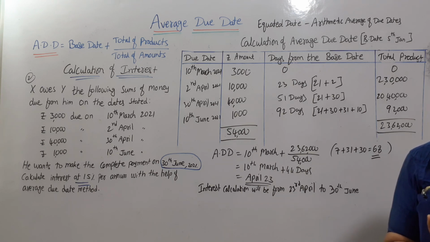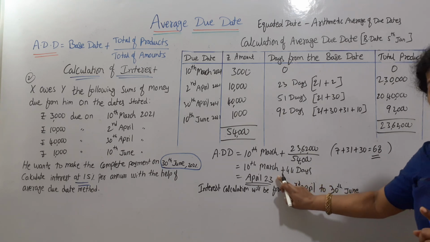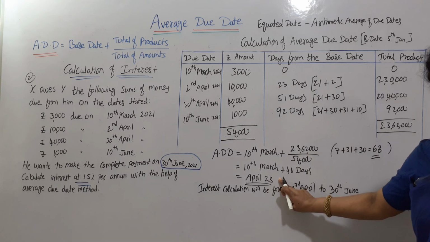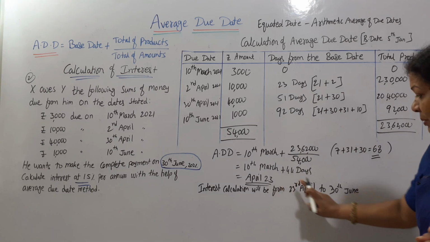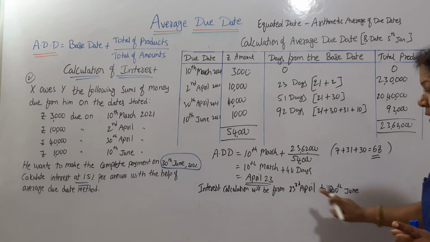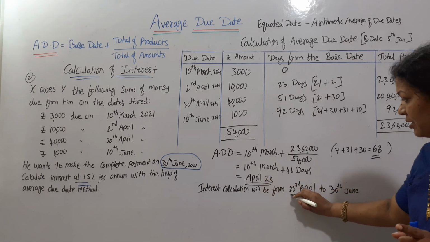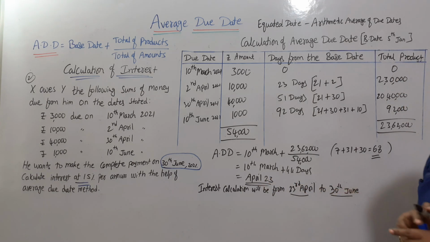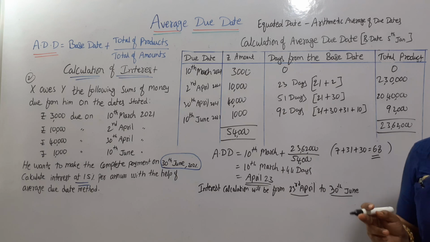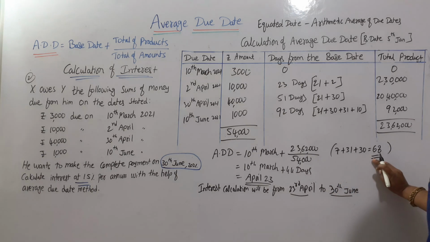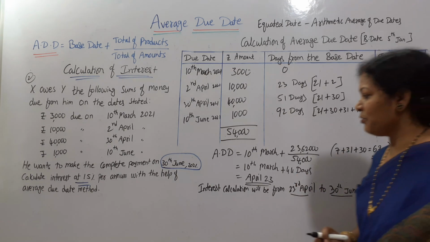Why only 68 days? By this date he has to make the payment, but he is not making payment. He is making payment on 30th June. Means from 23rd April to 30th June, we are charging interest. 68 days it comes. Now the calculation will be like this.